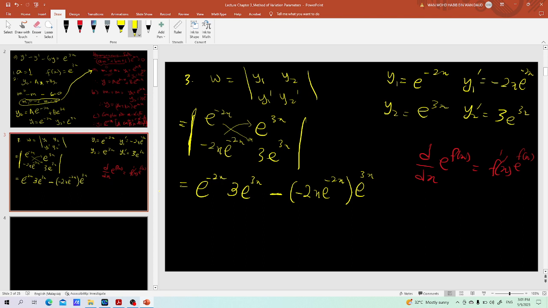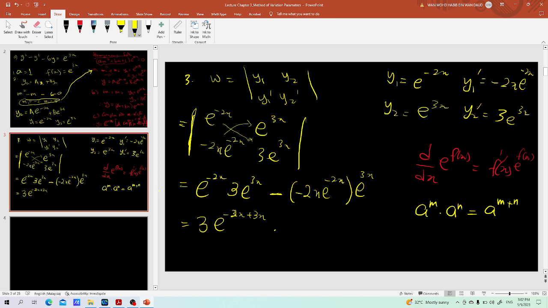And then we use the index law: if a^m times a^n, the same base, we will have a^(m+n). So we should simplify here. We will have 3e^(3x), with negative 2x plus 3x.